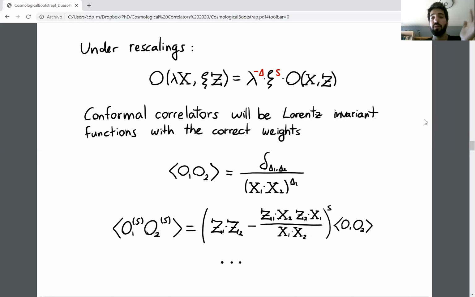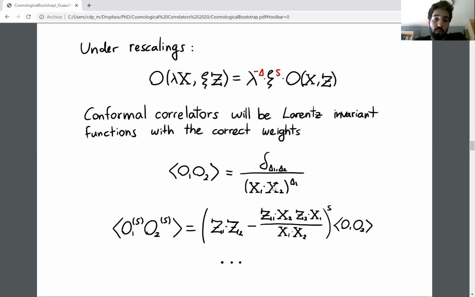Once we have seen this, writing conformal correlators is really easy in this embedding space. The only thing one has to do is to write Lorentz invariant functions with the correct weights. So, for example, if we want to write the correlator of two scalar fields, 1 and 2, the only Lorentz invariant object that we can use in order to write such a function is x1 dot x2, because x1 squared and x2 squared are 0 because we are in the light cone.